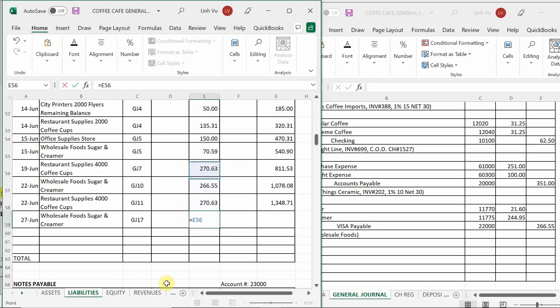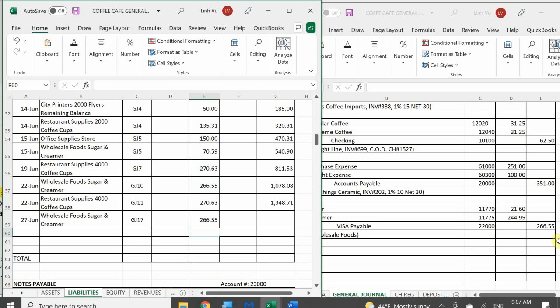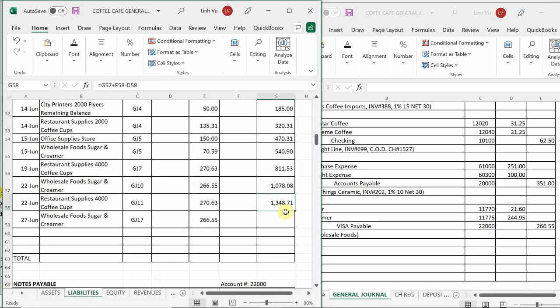It's supposed to be 266.55. 266.55. Giving me a grand total that I have on my credit card. $16.15.26. Good.